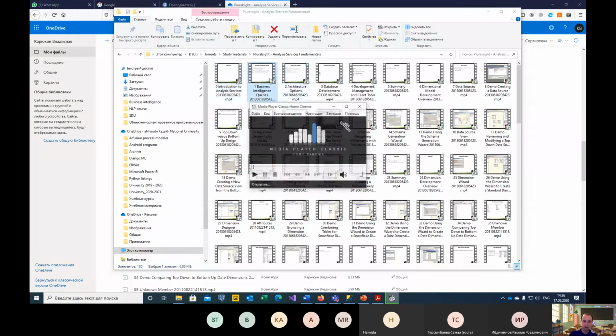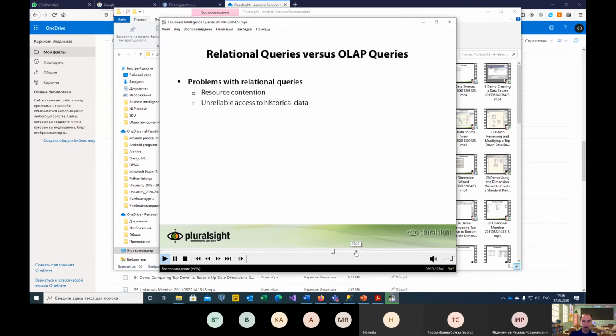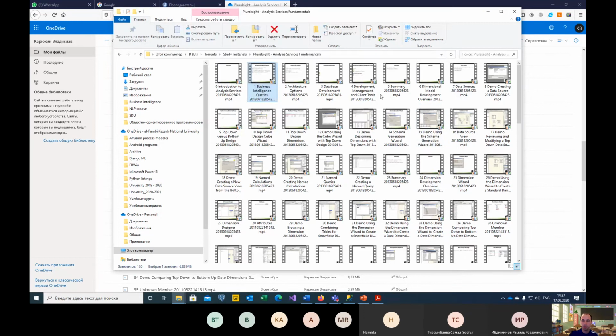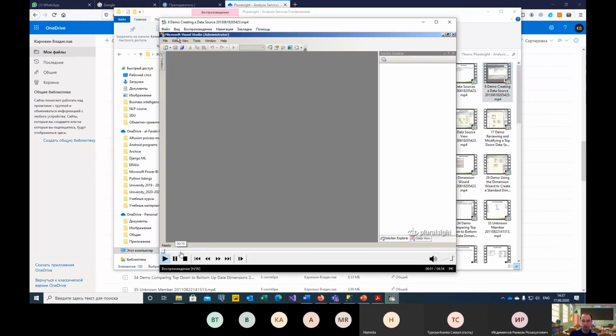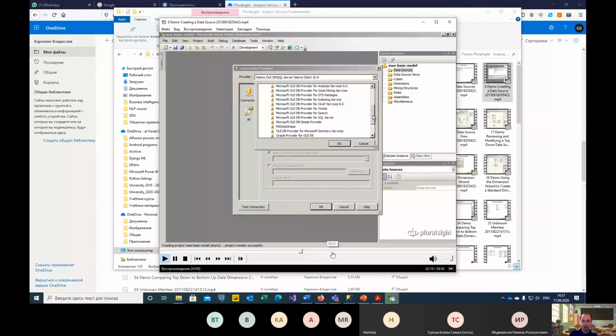So the next one is interesting. There is a small theory description about relational queries and OLAP queries. But here we have, for example, a demonstration of how to deploy the analytical services.